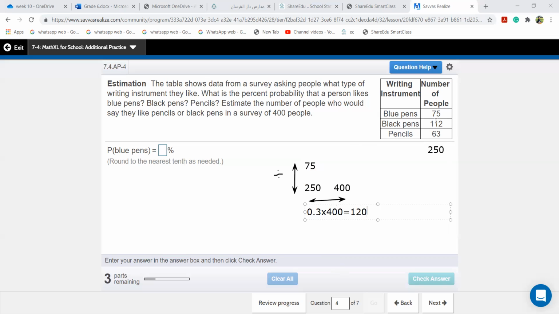Blue pen is 75. Why did I take 250? Because the total is equal to 250 people. Out of 250, you have 75 blue pens. So out of 400, how much? Proportionality: you divide, you get 0.3, and you multiply with 400. You get your answer as 120.